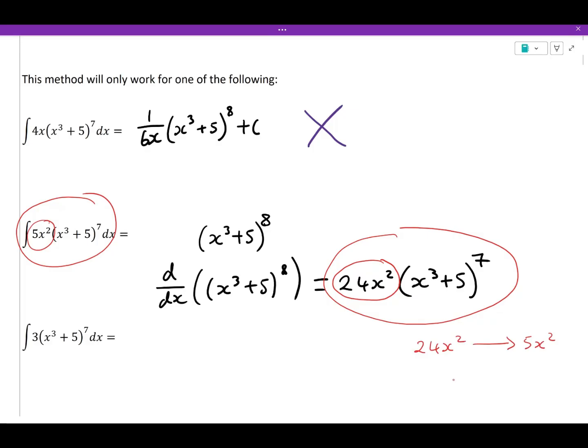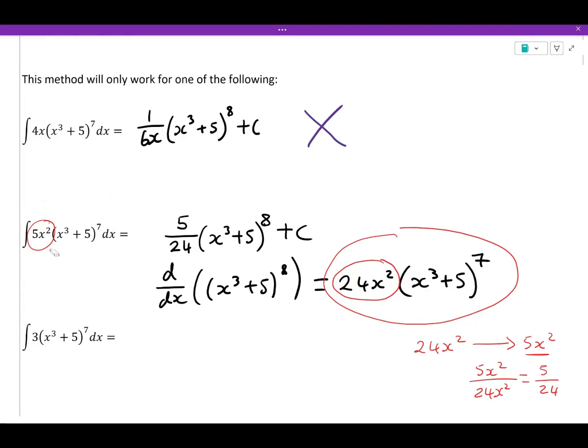Well, I'd have to multiply by 5x squared, our destination, divided by 24x squared. If I write my fraction, we can simplify, and the x squareds cancel, so we're just left with 5 over 24. Therefore, I have to go to my possible answer and write a 5 over 24 in front like that, and we'd have a plus c.